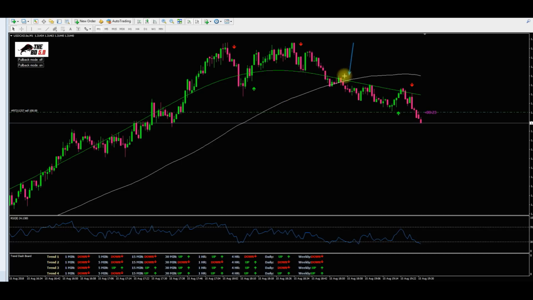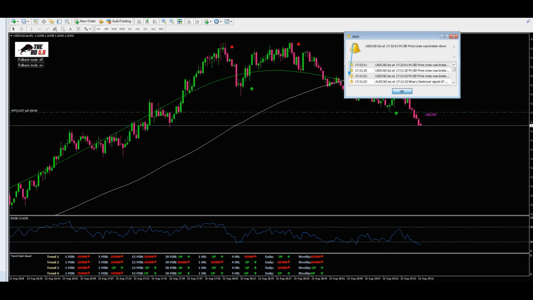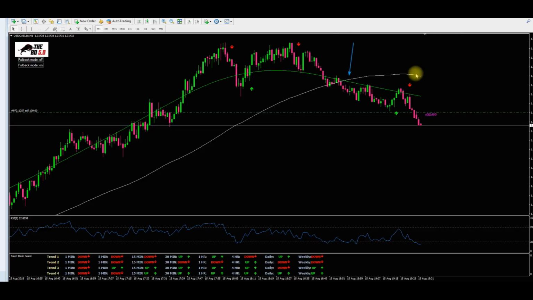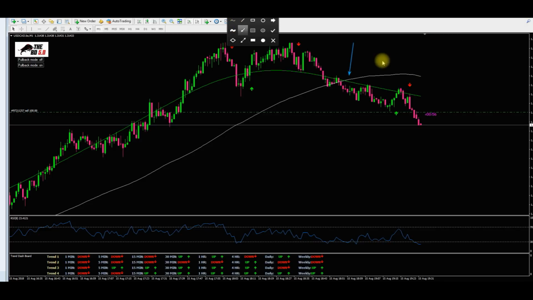To start off, we've got our two price lines which have just crossed, signifying downtrend. Okay, we've got a confirmation from an arrow. Okay, the price has pulled down, we've pulled back into this zone here, which is where we want to be taking trades. Yes, this did not quite meet the binary destroyer rules, but nonetheless we've got a signal, which is a very powerful signal because we're now going with the trend. So this is a nice setup.